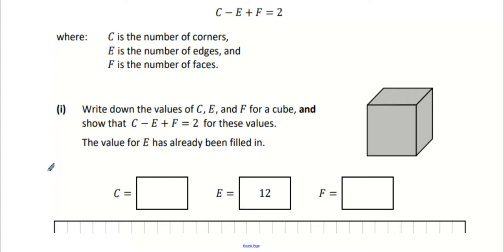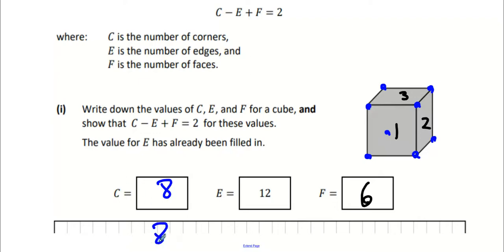So, how many faces does a cube have? A cube is like a dice, and a dice has 6 sides, so F is 6. All right. How many corners does it have? 1, 2, 3, 4. Then there's 5, 6, 7, 8. It has 8 corners.